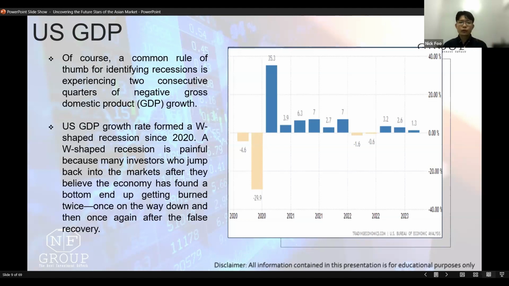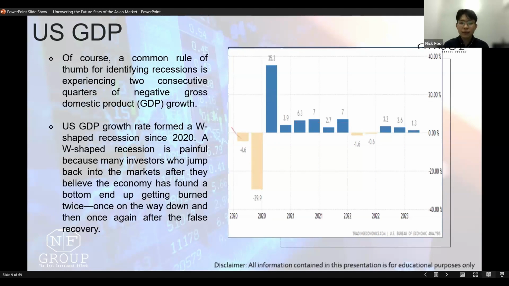If you look at US GDP in 2020, the US underwent two consecutive quarters of negative GDP growth. And then, wow, there's a big jump thereafter. Then, of course, in 2022, it slightly underwent two consecutive quarters of negative GDP growth again.